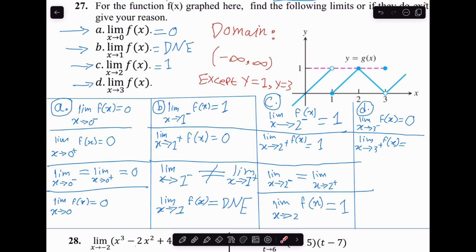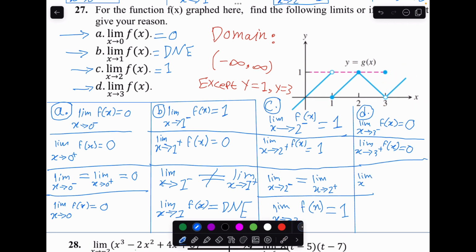We are coming from positive infinity and we are approaching 3 from the right, so f of x equals 0. Since the limit when x is approaching 3 from the left is equal to the limit when x is approaching 3 from the right, the limit when x is approaching 3 equals 0.